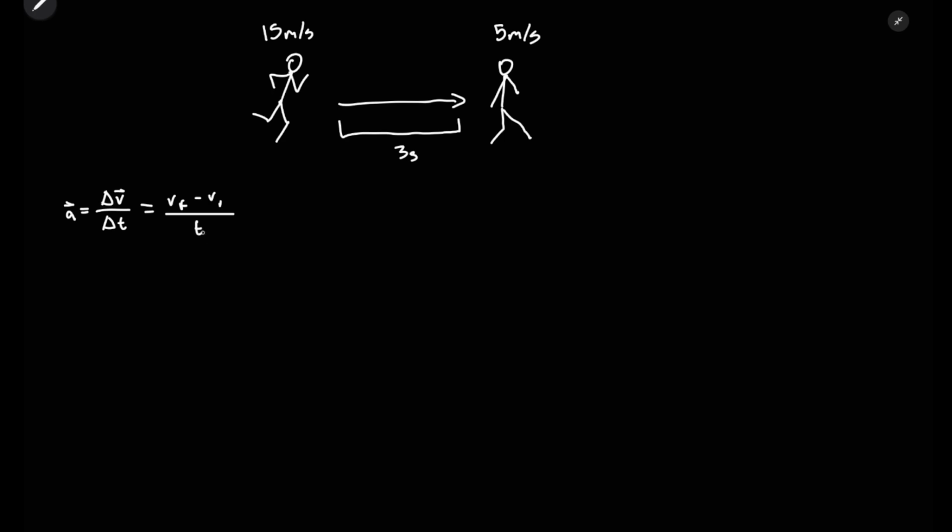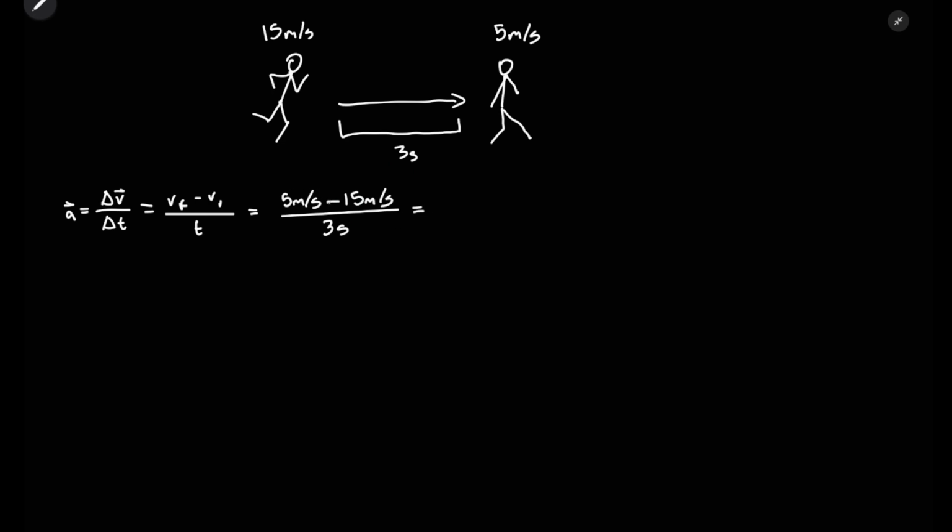It'll help you understand what you're doing, and it'll also help your teachers understand what they're grading. The more steps you show, the better marks you'll get, essentially. So his final velocity is 5 meters per second, and his initial velocity was 15 meters per second, and the time interval he took was 3 seconds.